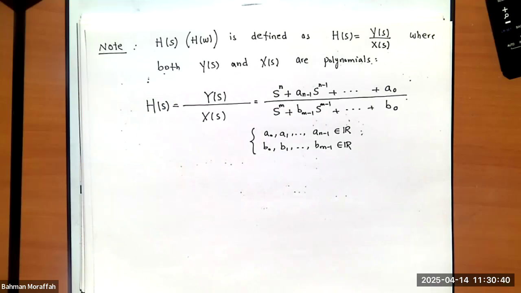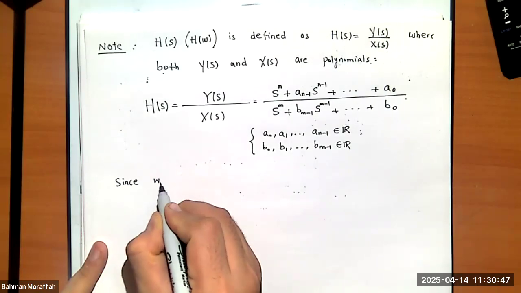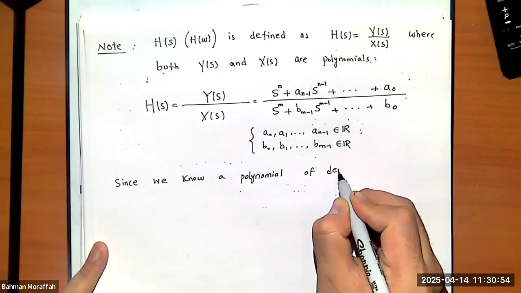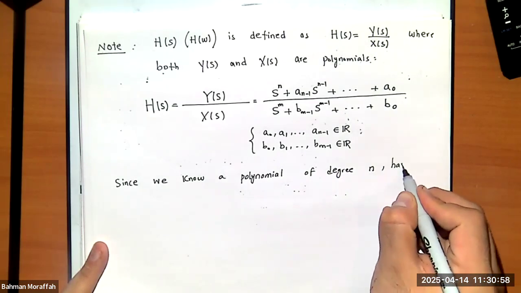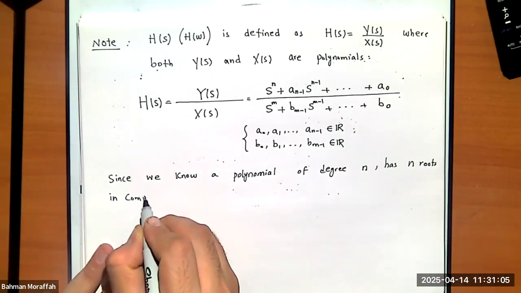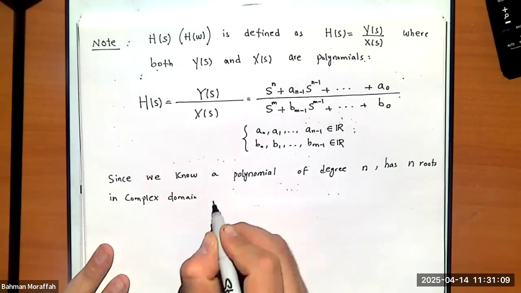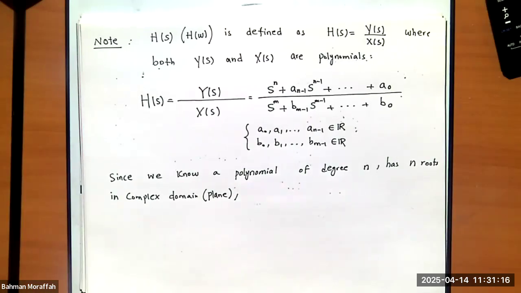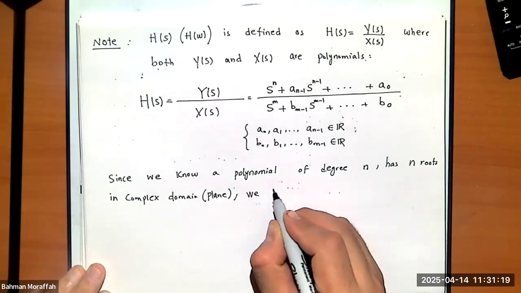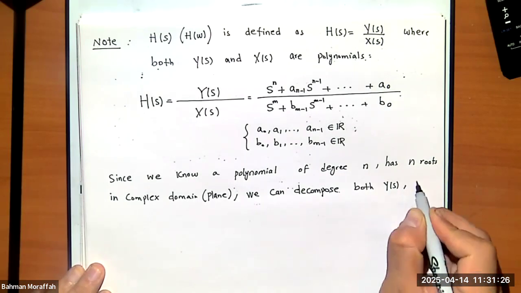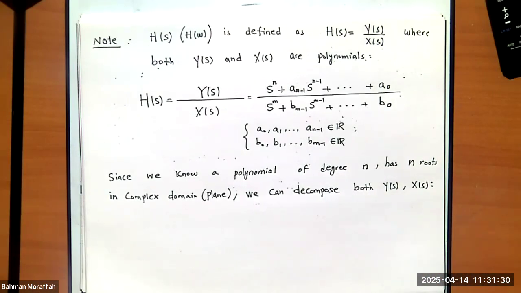Roots might be real or complex, but every such polynomial has roots, since a polynomial of degree n has n roots on the complex domain or complex plane, because both numerator and denominator we can decompose, right?